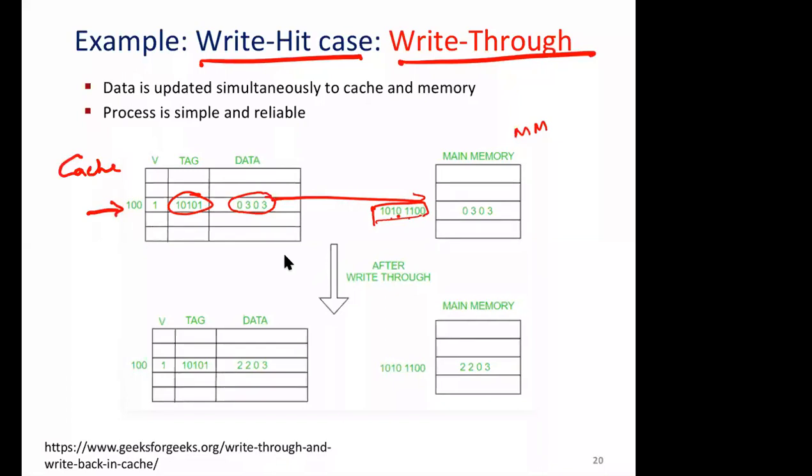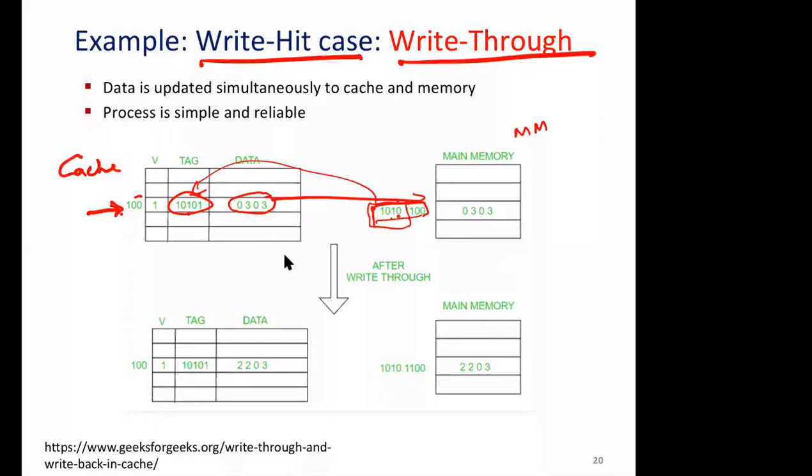Based on this, of course, we will look at this index and then this tag. These are the tag bits here, and these are the tag bits that are here. So it means that's a hit. Some data is available at that location, but we are writing into that location, right?